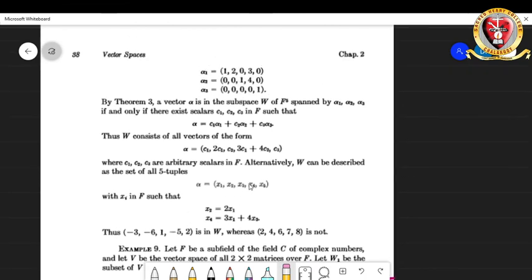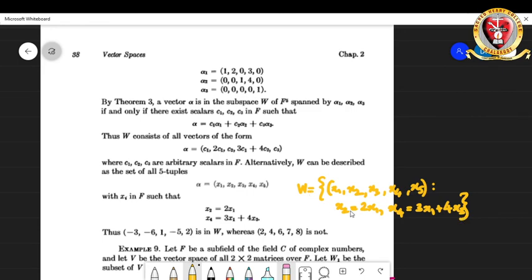And we said the subspace formed will be W equal to x1, x2, x3, x4, x5 with the conditions x2 equal to 2x1 and x4 equal to 3x1 plus 4x3. So this is a subspace over F.